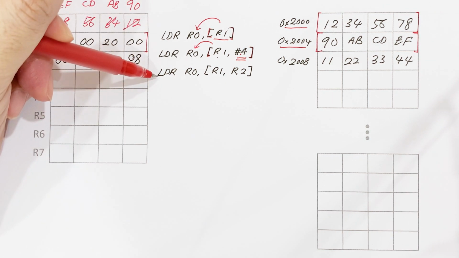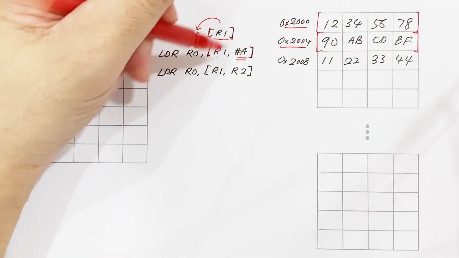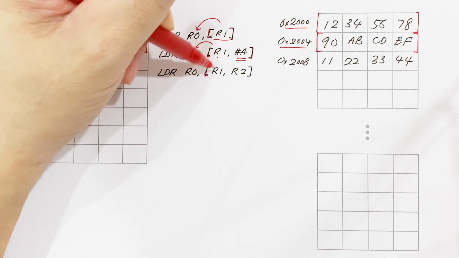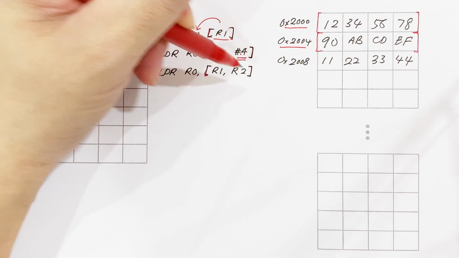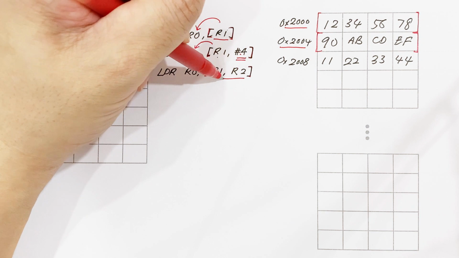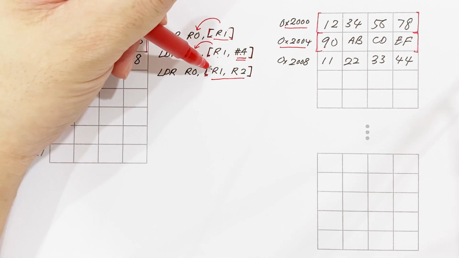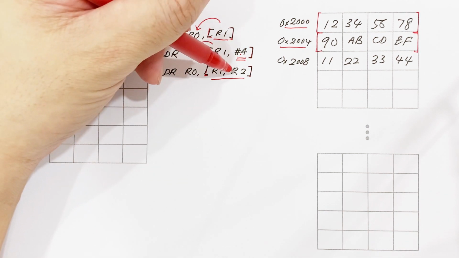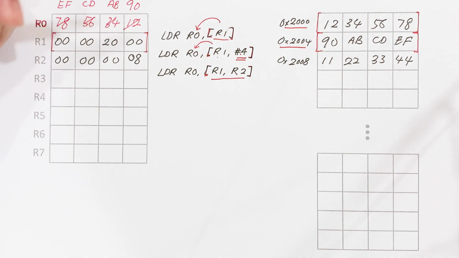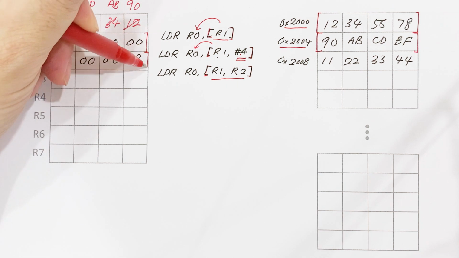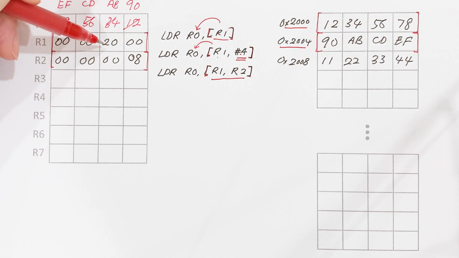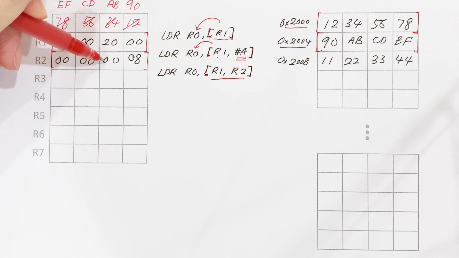And for the third addressing mode, we're still moving data from the memory. The address is given by R1 with the offset from the register R2. If you look at the values in the registers, R1 is still 2000 and R2 is 8.